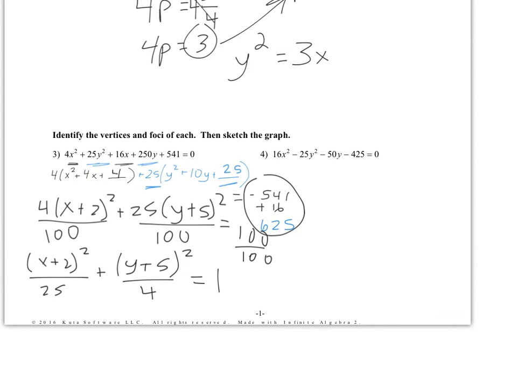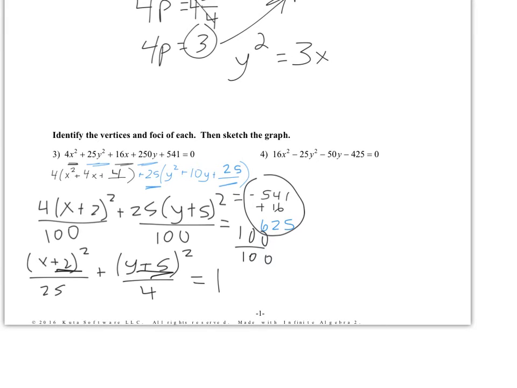So because of the plus sign here, this is an ellipse, and because the larger value here is underneath the x variable, it's a horizontal ellipse. It's been moved 2 units to the left and 5 units down.